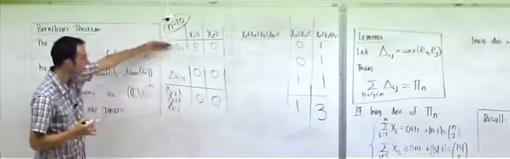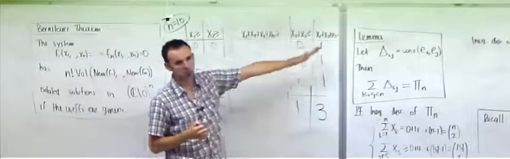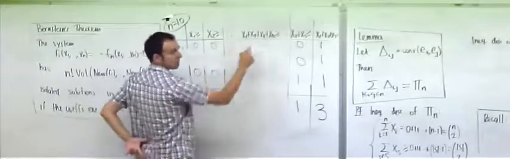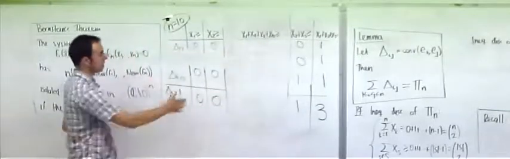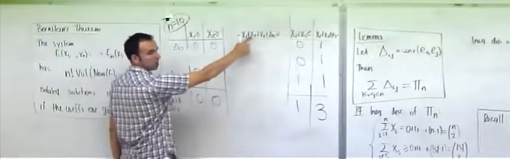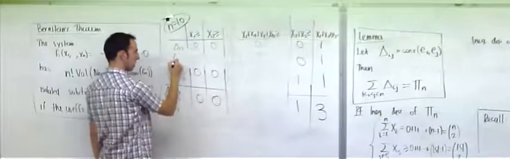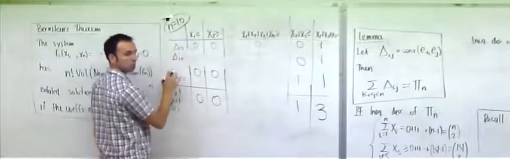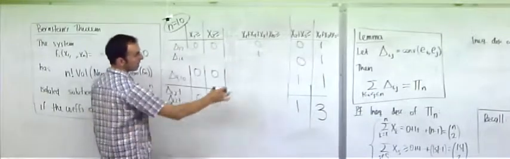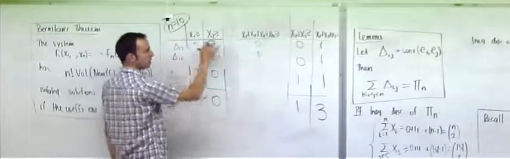So here I have all the different pairs from 1 to 10, and here I have all the different subsets from 1 to 10. What happens in column 1, 4, 7, 10? Well, in this column, 1, 2 is not contained in here, so I get a 0. But for example, when I get delta 1, 4, 1, 4 is contained in here, so I get a 1. Okay? And basically, I'm going to get a 1 in this column every time I get a pair contained in here.